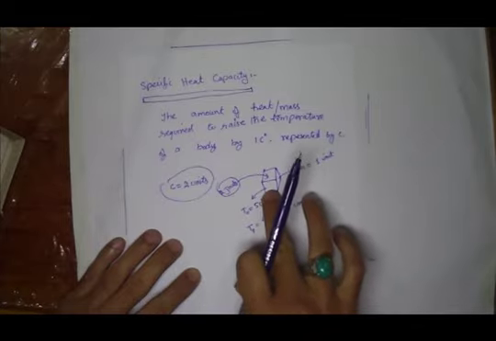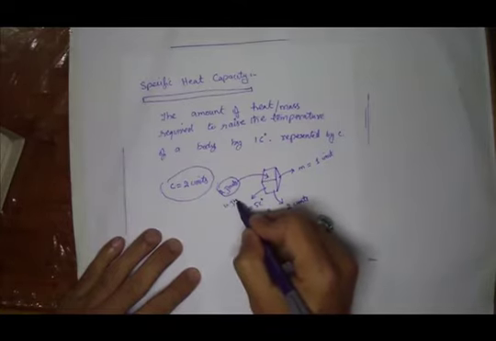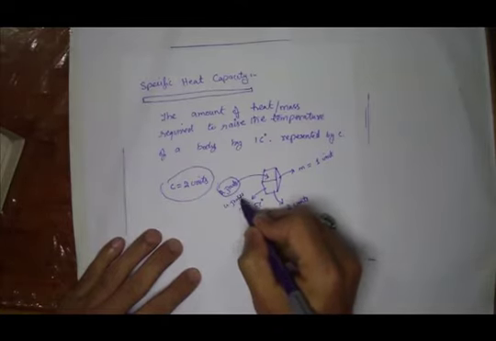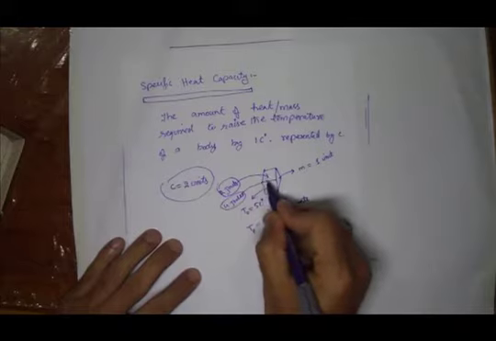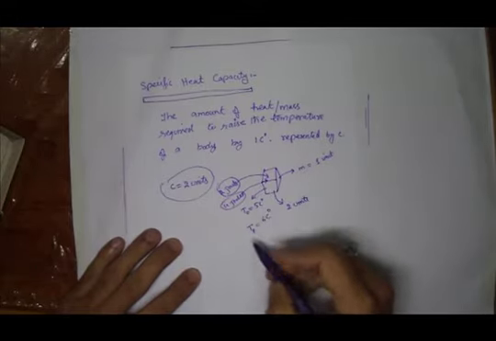If we provide 4 joules of heat to this object, then the temperature of this object will increase from 5 to 7.